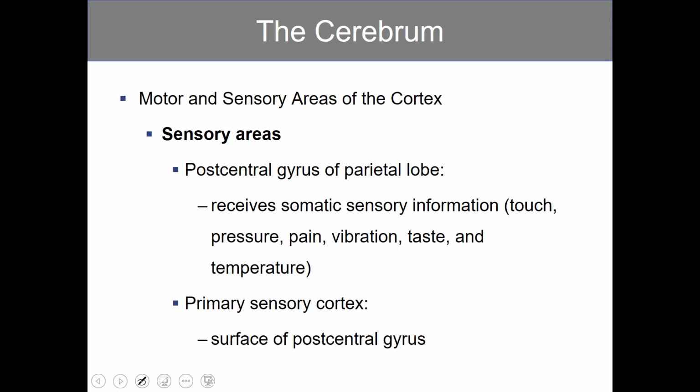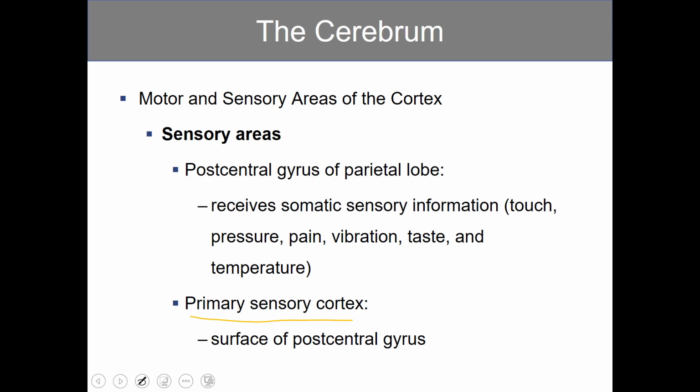The postcentral gyrus, the gyrus just behind that central sulcus, is the primary sensory cortex down here. And the primary sensory cortex is the region of the cortex that allows for conscious awareness of sensations.